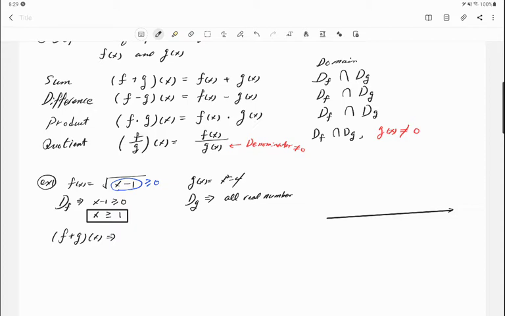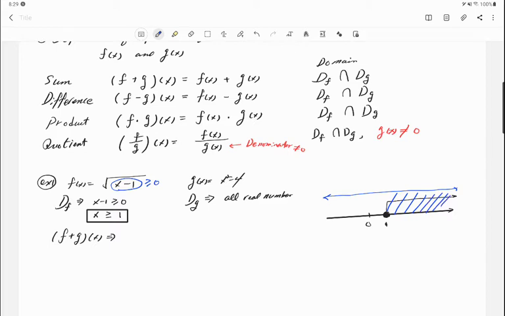So for f of x, here's a 0, here's a 1. f of x requires x greater than or equal to 1, so all the right side of this 1 is the solution. And g of x is all real numbers, everything. It contains everything, right? So the overlap area is what? Only this part.